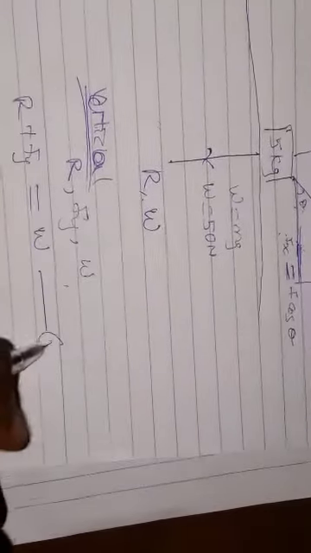So if I balance it, what's up? R plus Fy is equal to W. So this is for my vertical. It's no longer R is equal to W. So if you have this type of question and you say R is equal to W, you will be wrong. Because R is actually not equal to W. It is R plus the other force, Fy, that is equal to W. Do you get it now?